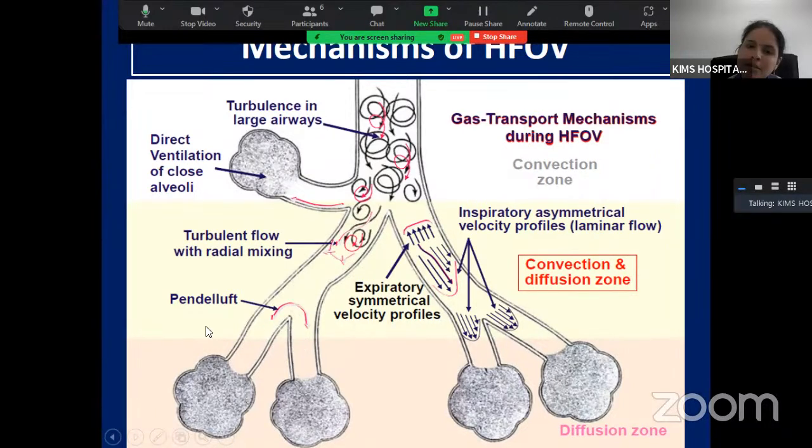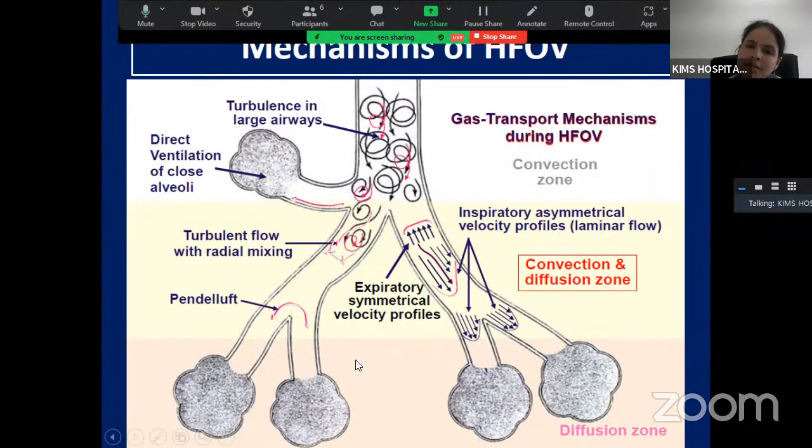Imagine you have two neighboring alveoli, of which one has a small internal radius and thereby a shorter time constant, whereas the other alveolus has a larger time constant, which could be because of an increase in the resistance of the alveolar septation. Because of the different time constants of these two neighboring alveoli, there is going to be concurrent gas flow between the alveoli in addition to the gas flow from the proximal airway to the alveoli.